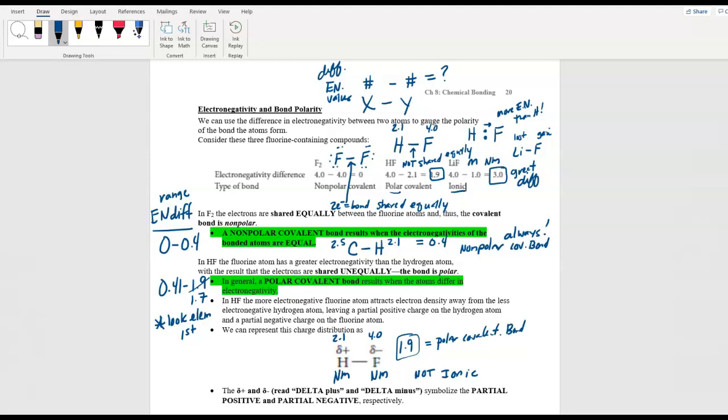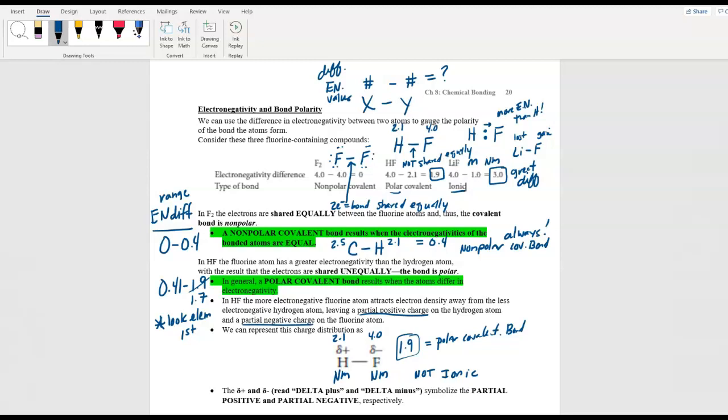A polar covalent bond means that the electrons are not shared equally. So what you do is you write these things called charges. Partial positive charges versus partial negative.